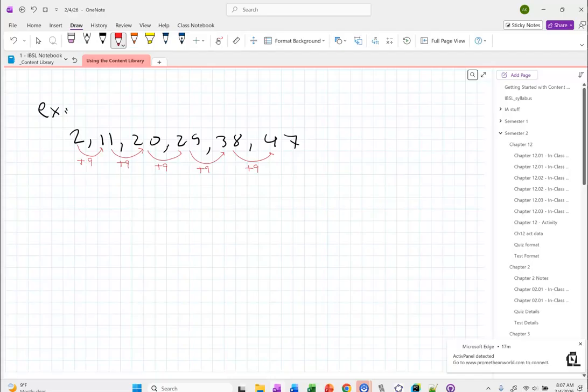So what does that tell me right away? Tells me the sequence is arithmetic, and it tells me that the value for D is 9. The common difference is 9.